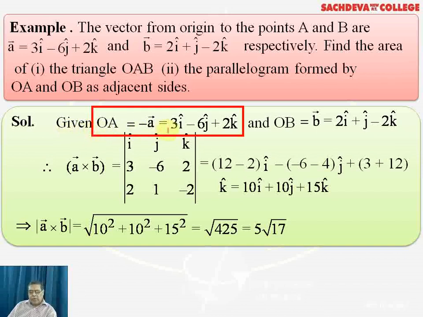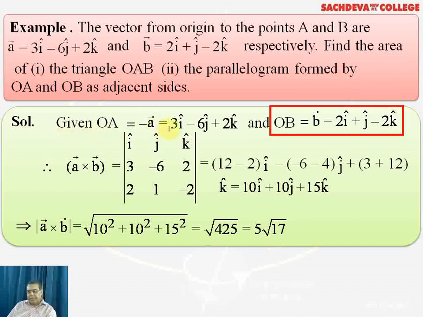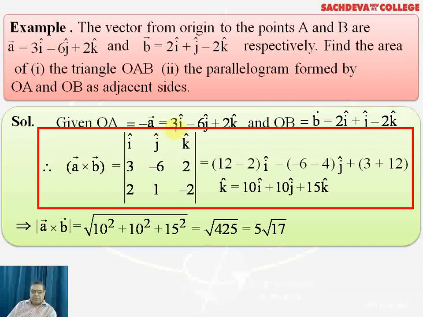OA is known to us, that is A, and OB is also known to us, that is B. Then we take the cross product of A and B. In one row we have written i, j, and k. For A, we have taken the coefficient of i, that is 3, the coefficient of j, that is minus 6, and the coefficient of k, that is 2. Then in the next row we have taken the coefficient of i, that is 2, the coefficient of j, that is 1, and the coefficient of k, that is minus 2.